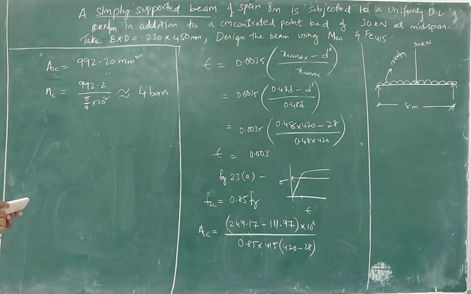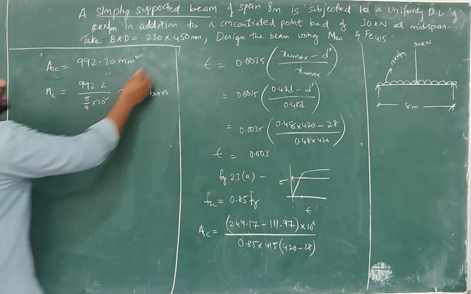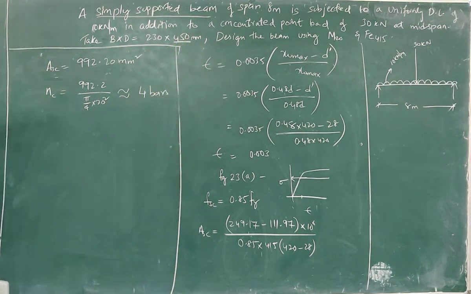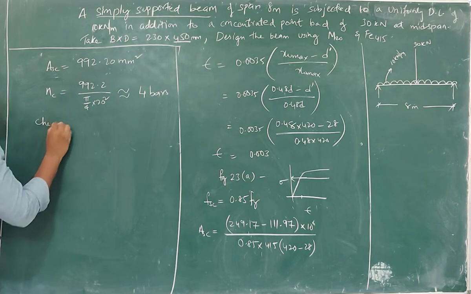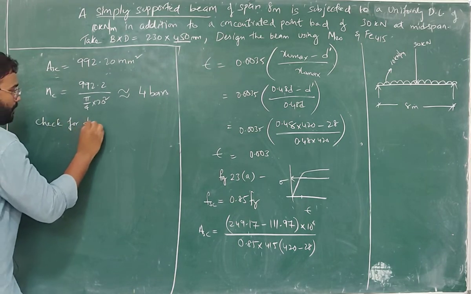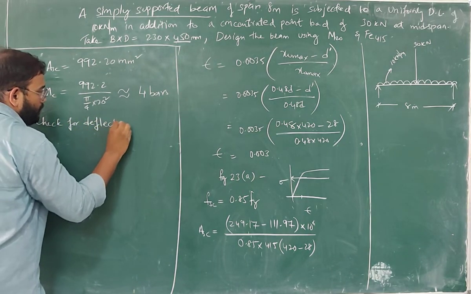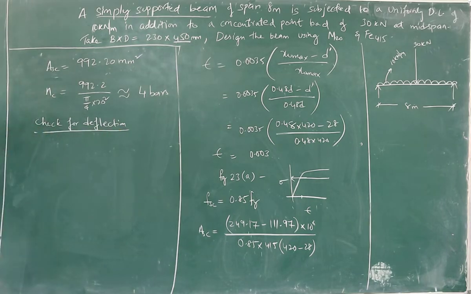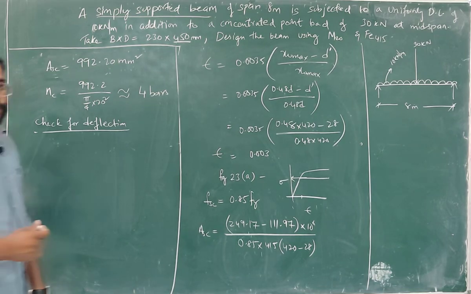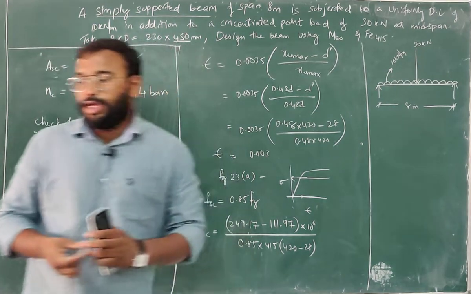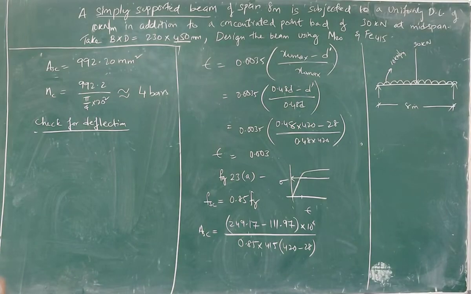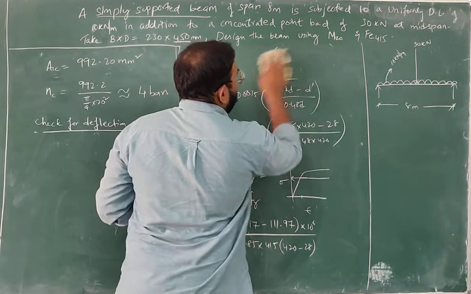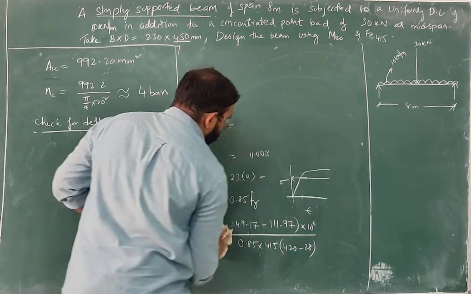Also, there is one more step involved here. Whenever you are given the dimension D, you need to check for deflection. Now, what is the check here? Remember, when you were calculating depth by using the span, what was the formula you have? What was the formula in the code book, page number 37?